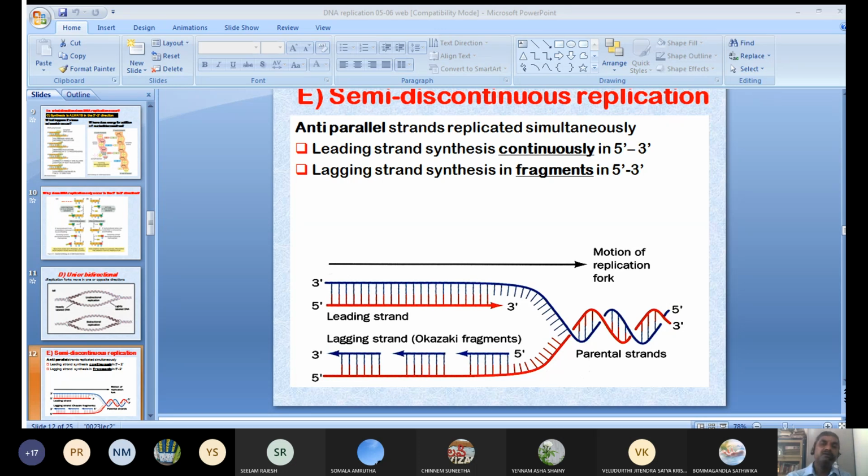So how does it repair? When DNA polymerase 3 is continuing here, DNA polymerase 1 recognizes this and removes the RNA nucleotides here. When it removes the RNA nucleotides, because here it is a 3 prime OH group and there are complementary nucleotides, DNA polymerase 1 will continue to synthesize up to here.